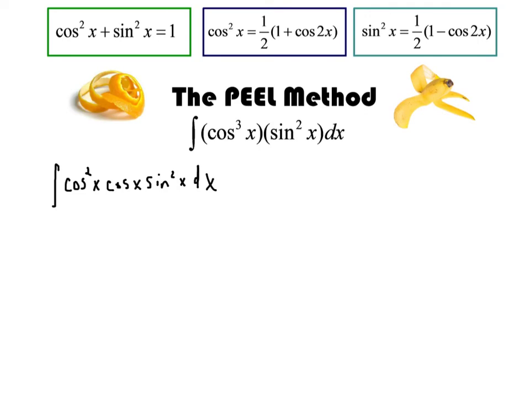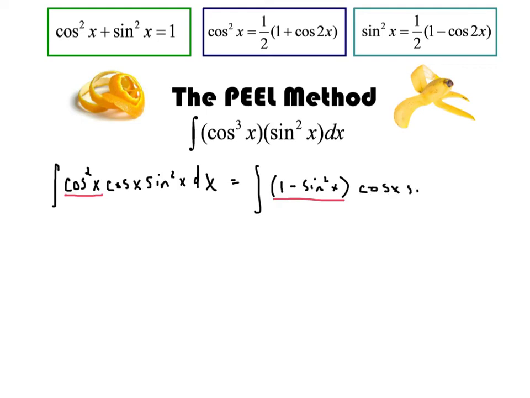I'm going to replace that cosine squared with something it's equal to. So let me replace cosine squared with 1 minus sine squared. I replace that with this. I still have that cosine x.